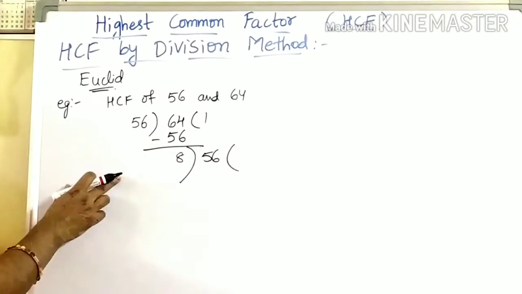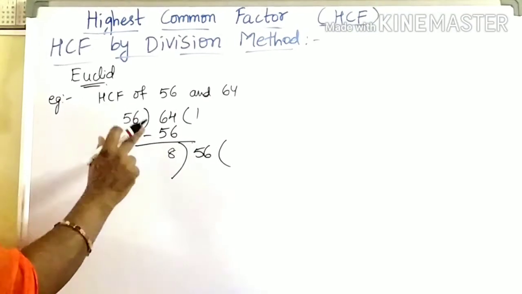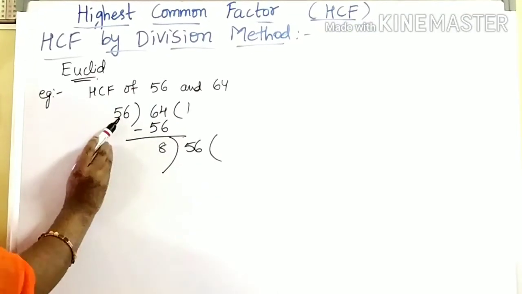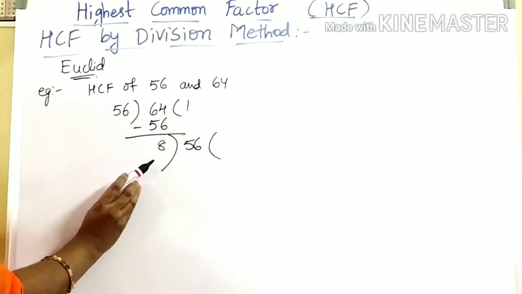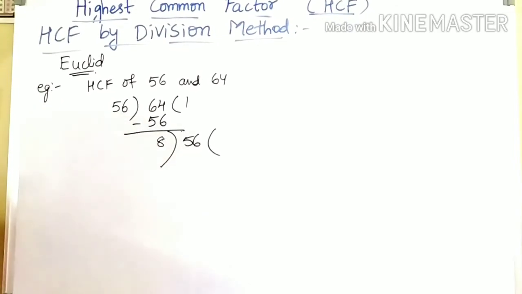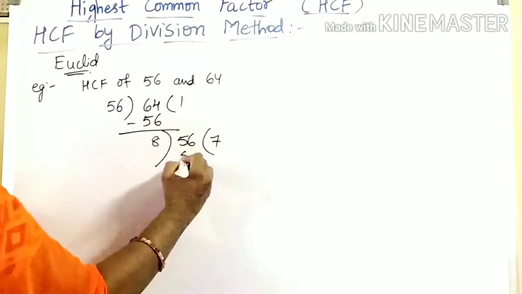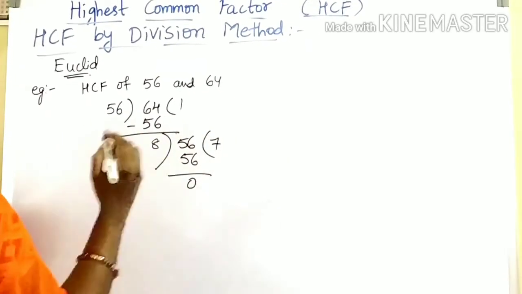Once again I am explaining, we divide the larger number by the smaller, then divide the previous divisor by the remainder. 8 is the remainder, the previous divisor is 56. Now how many times will it go? 8 sevens are 56. So you got the remainder as 0.